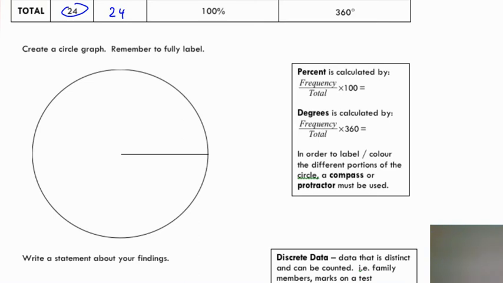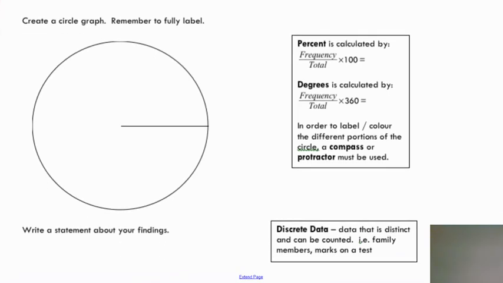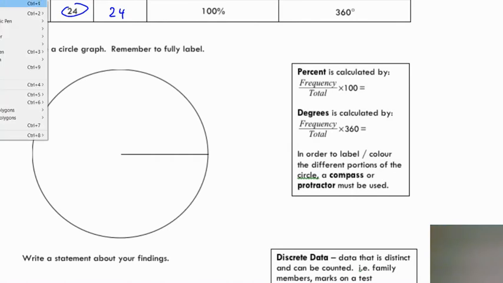Degrees would be frequency divided by total times 360. In order to label or color the different portions of the circle, a compass or a protractor must be used, right? We really should use that. I don't have one readily available. I don't think there's one in tools.